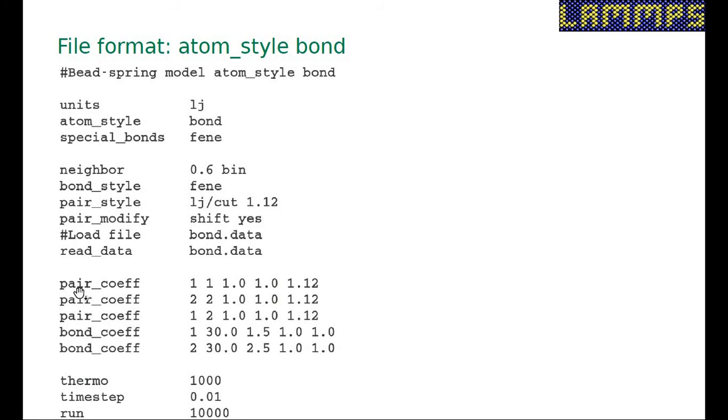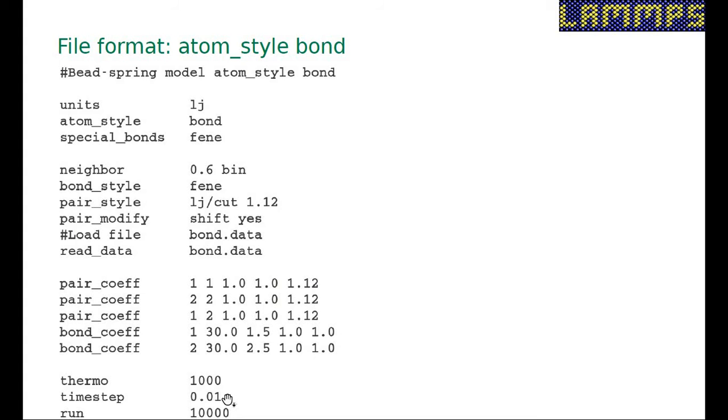Next, the information related to the pair coefficient, in this case the FENE potential, and the pair coefficient for the Lennard-Jones potential. And then we can include more information, but here is just the thermo, time step, and run as in previous examples.